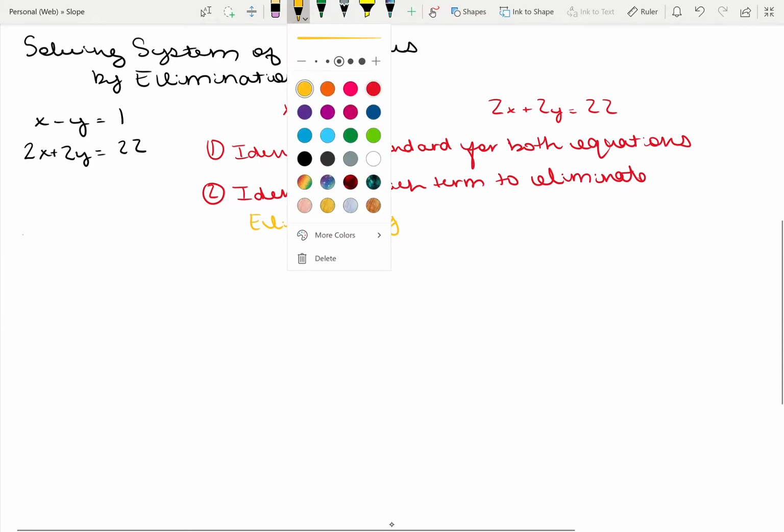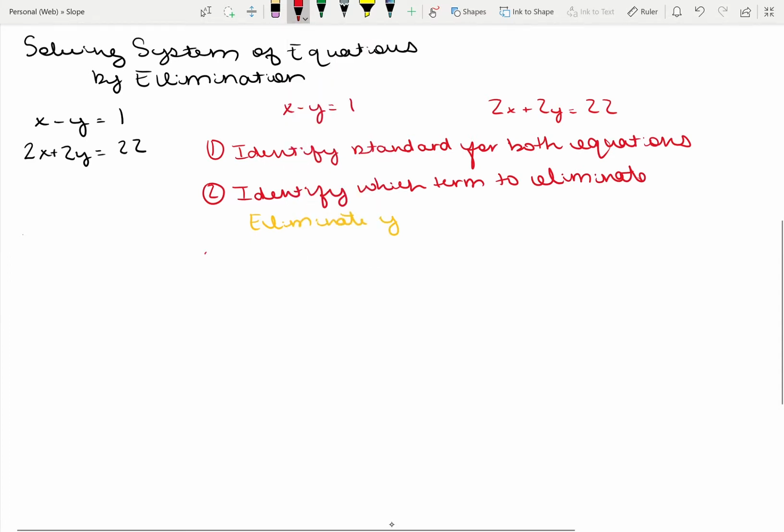Now, step 3. Step 3, I need to multiply the equation by a number such that when I multiply it times y and add it to 2y, I will get 0.